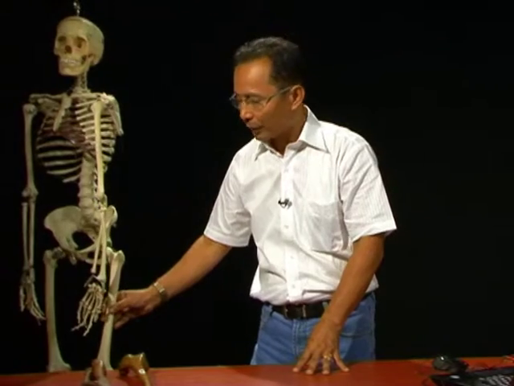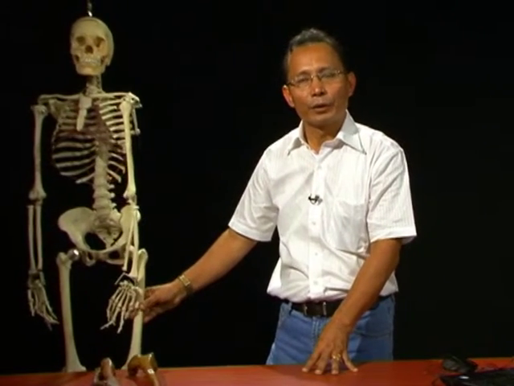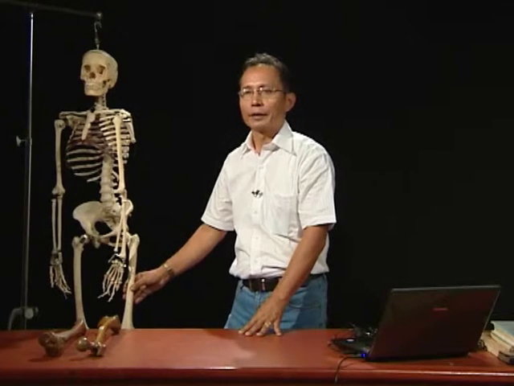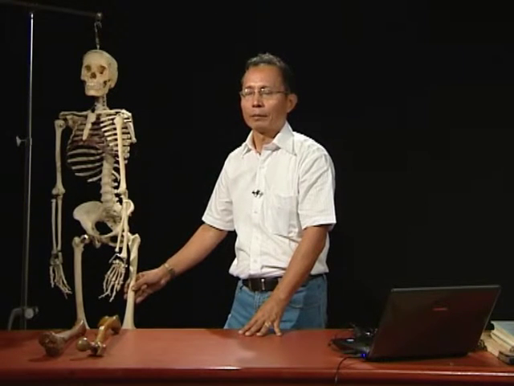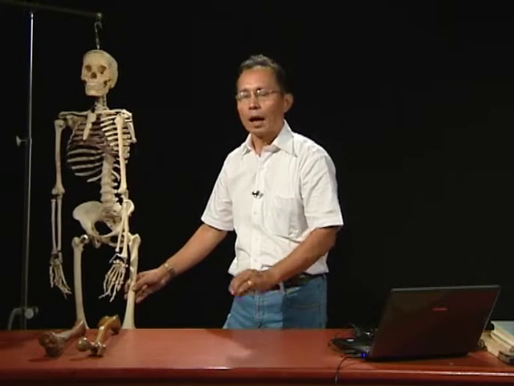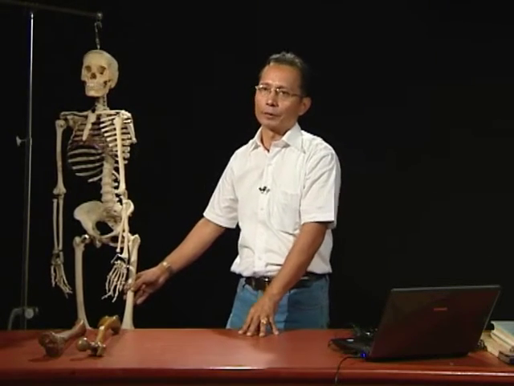So they are endoskeleton. Now again, all the three belong to appendicular skeleton because all these three are the bones of lower limbs. So limb bones are called appendicular bones.